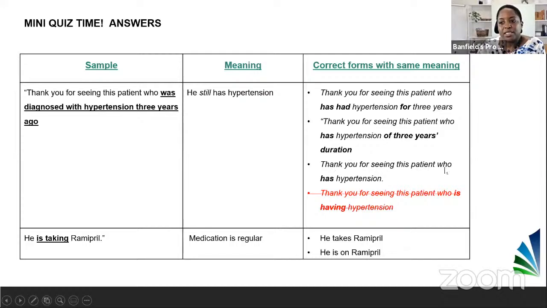Or thank you for seeing this patient who has hypertension. Right, so here we've got the simple present, but with this duration clause here. And then we've also had present perfect, giving the timeline.